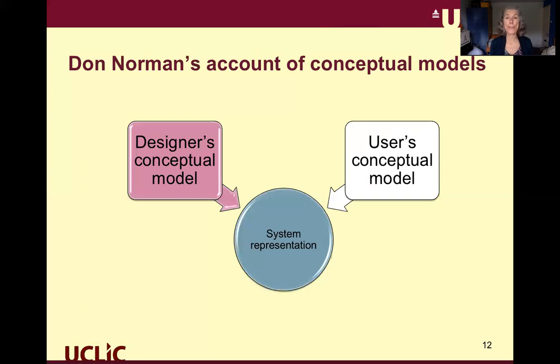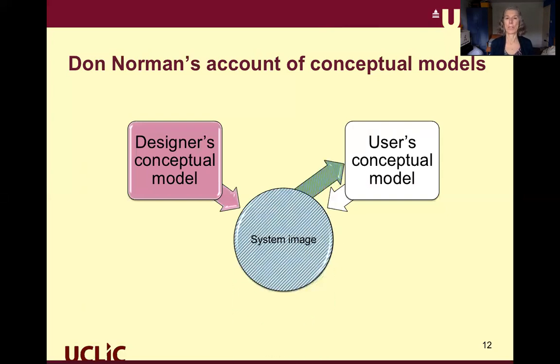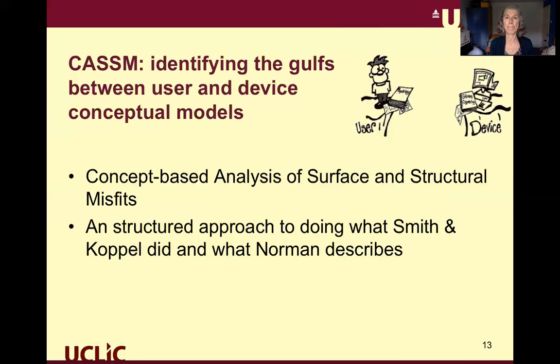The thing that most strongly informs the user's conceptual model is the system image, the way that the system projects itself: the things that appear on the screen, the haptic messages, the buzzing and vibrations of a phone, or the sounds, or different forms of system image that help the user to form and refine their conceptual model of what's going on in this context.